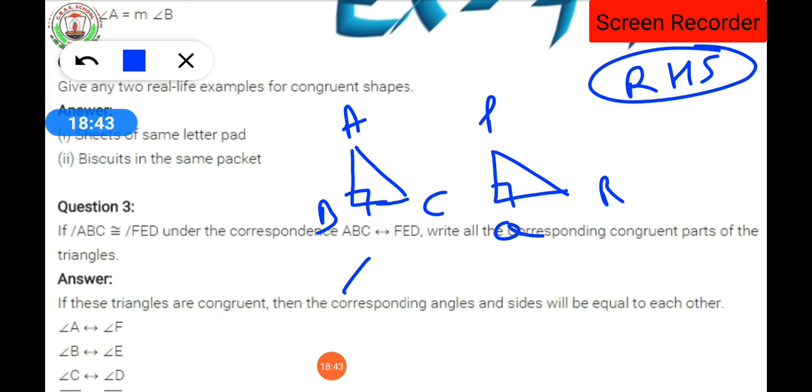Right angle triangle means angle B is equal to angle Q, both 90 degrees.